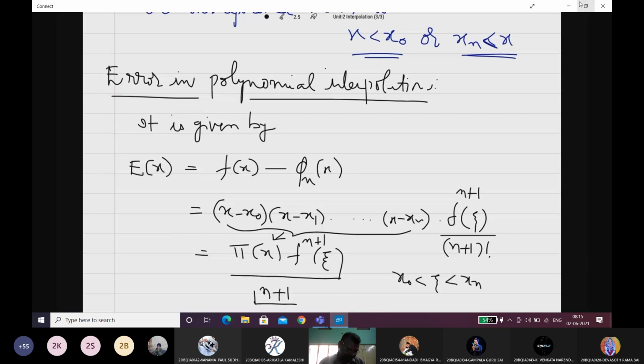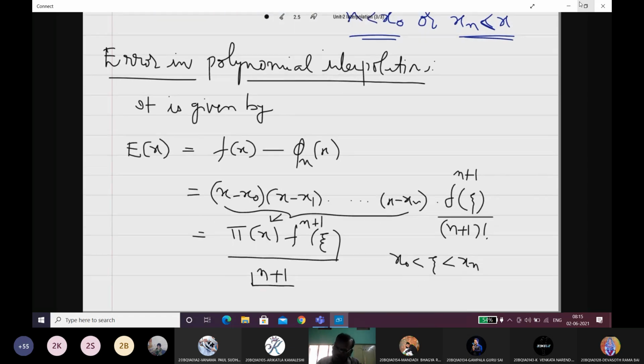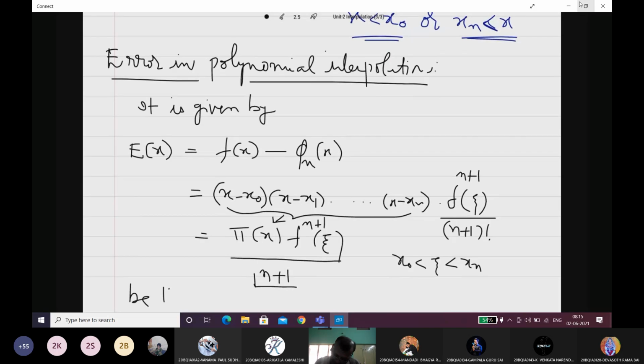This is the expression for finding the error. This is the error in polynomial interpolation.